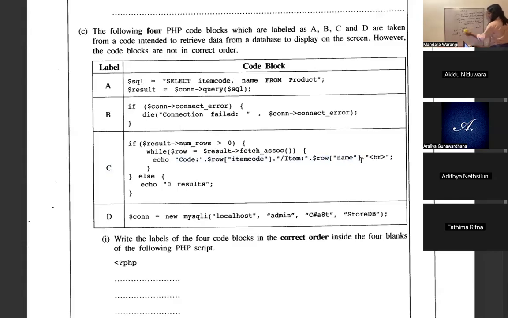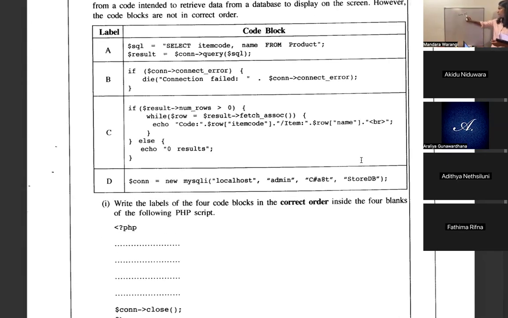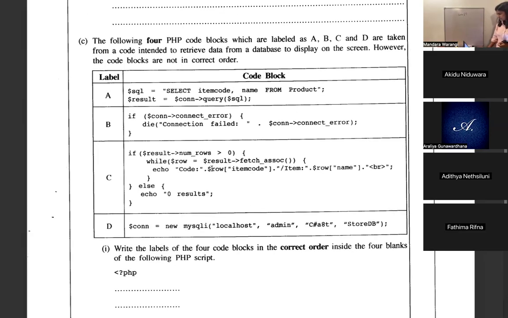Let me resume this. They have said here the item code is P1. So we need to echo as code colon the item code, P1. It should be capital P1, because the item code comes here, no?